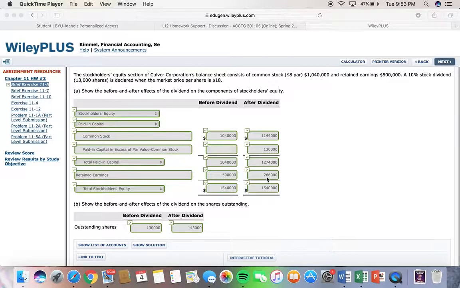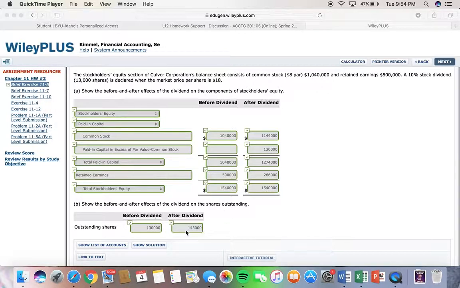Now, when we find that, we will add the retained earnings of $266,000 to the total paid-in capital of $1,274,000, and our total stockholders' equity after the dividend will be $1,540,000.